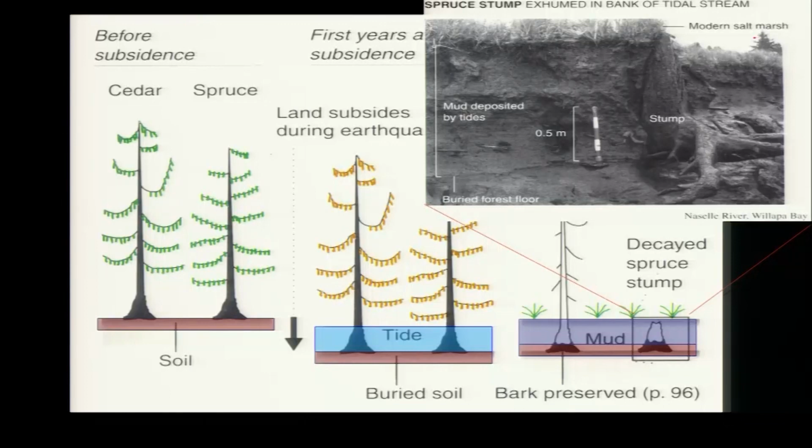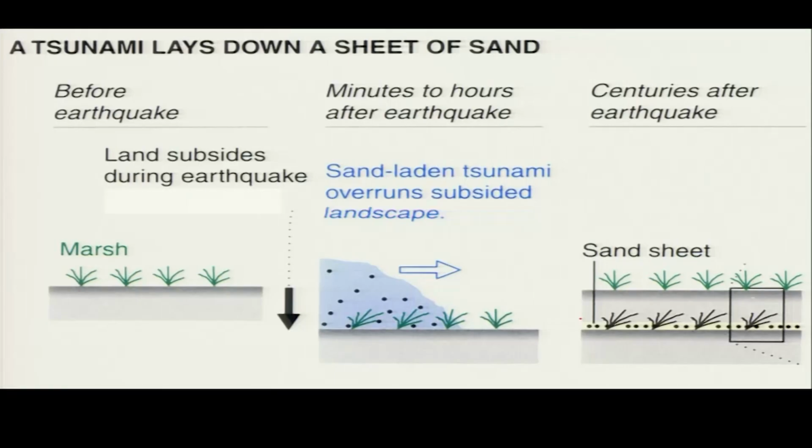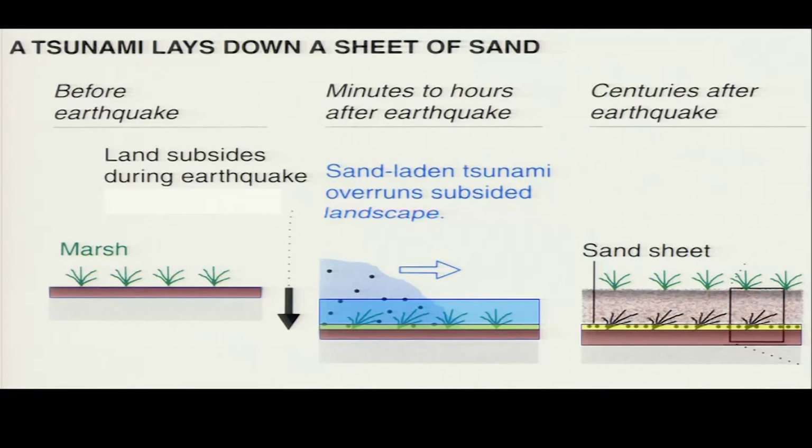So we slowly get into the formation of the salt marsh, and this was another evidence which we discussed in the previous slides, that we have land which got subsided, and then we have some preservation of the sand which was left behind, and then we have this one. So one is the evidence of the land level change, and the other is land level change plus the tsunami deposits, which we try to identify or locate in sections.